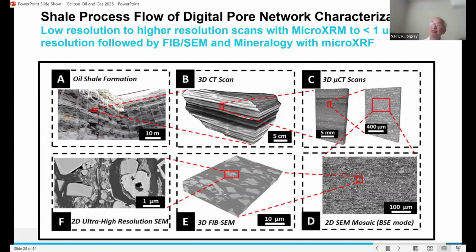Micro CT, even if you go down to 200 nanometers, is still not enough to capture all the pore sizes. You need the SEM or a FIB to go down to maybe a few nanometers. So you just need to have an additional step to get a cross section from your SEM or your FIB in order to fit into the model.